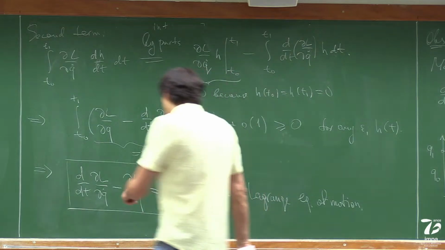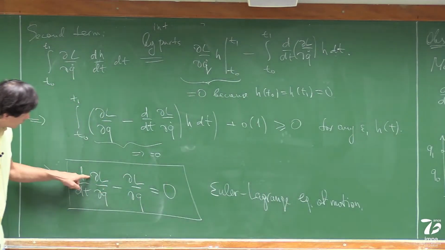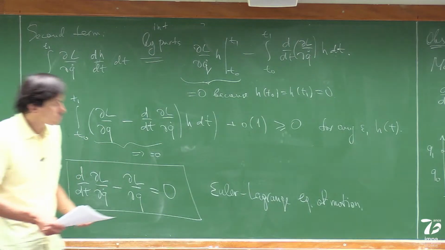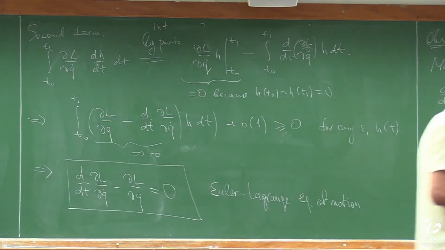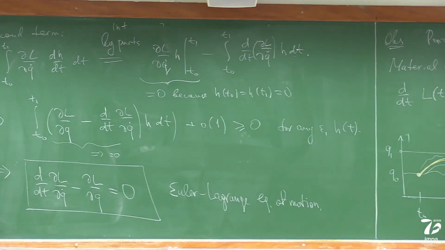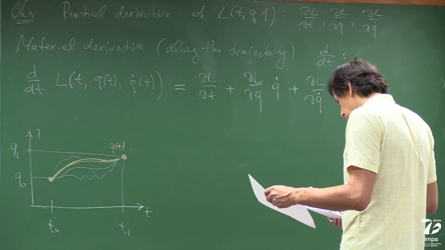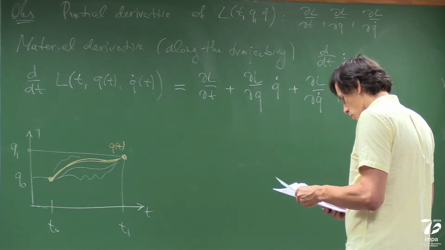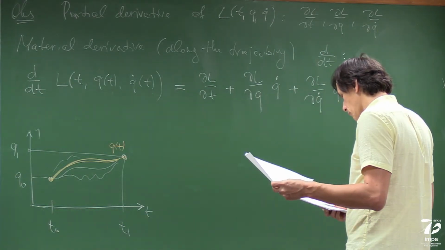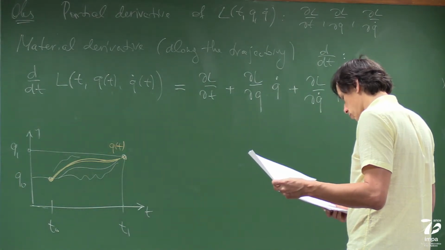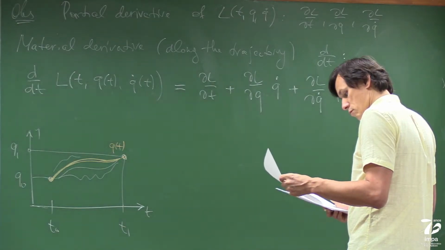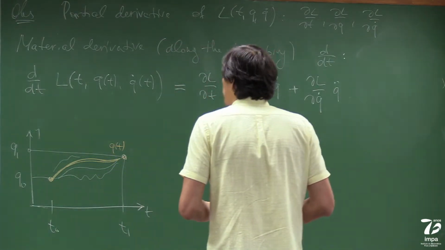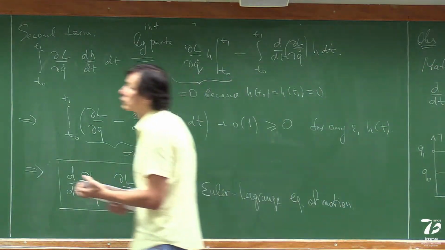So this expression means that here we take a partial derivative, here we take a partial derivative, but this is a full derivative. Well, essentially we arrived at our goal, but just for n equal 1.